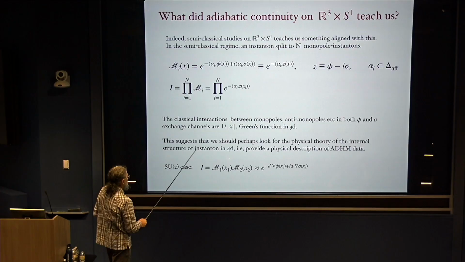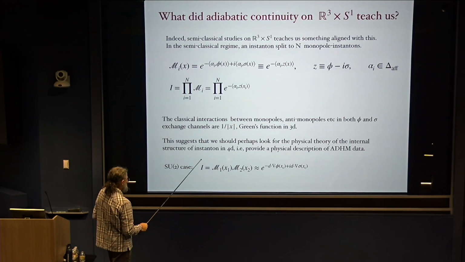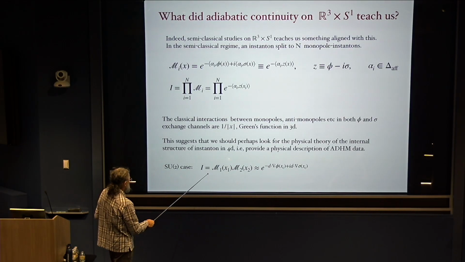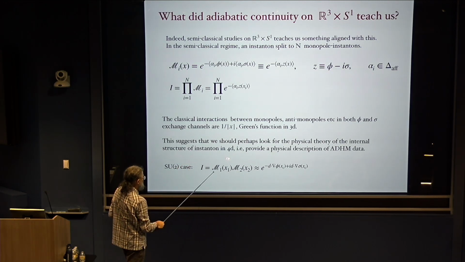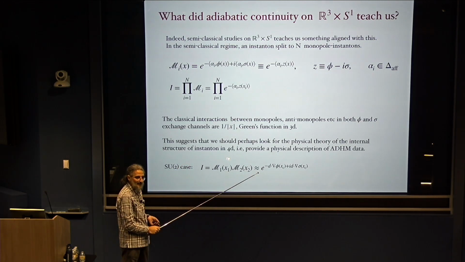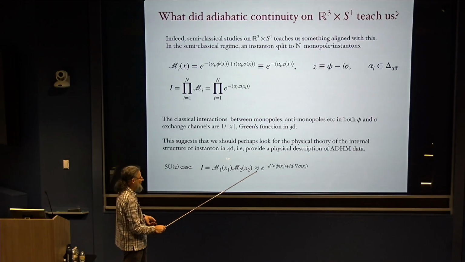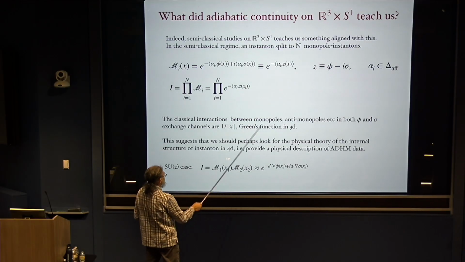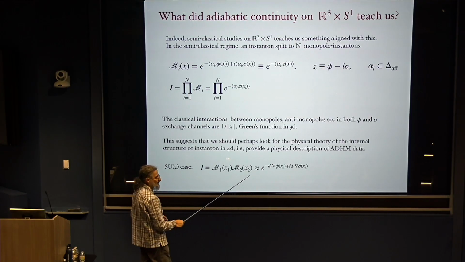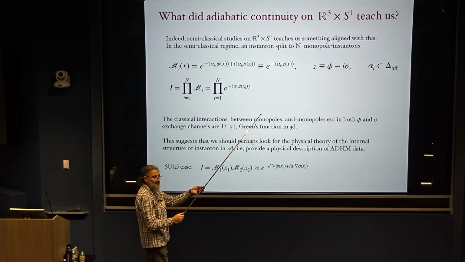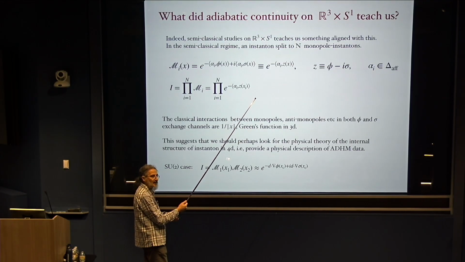But if you look, on the other hand, these were charge operators, but if you look at instanton operators, you see something interesting. Again, this is on our R3 cross S1. Let's say you take 2 monopoles, at x1 and x2. Let's say they are centered at some x center, and the distance between them is d.